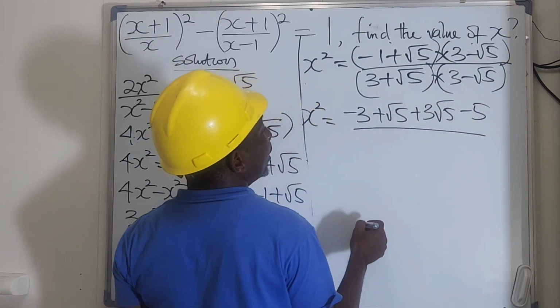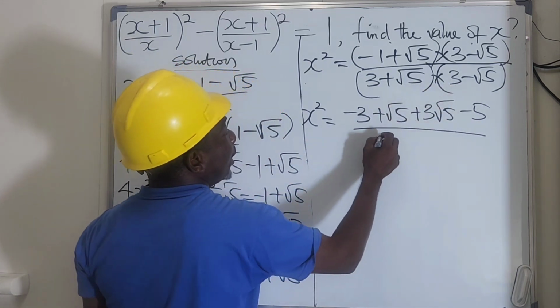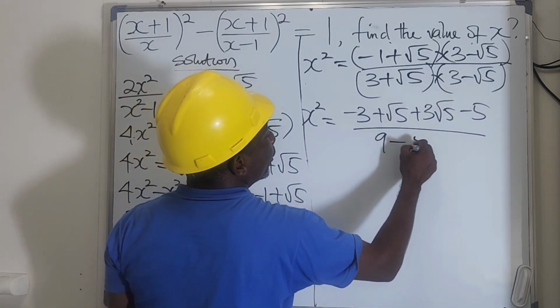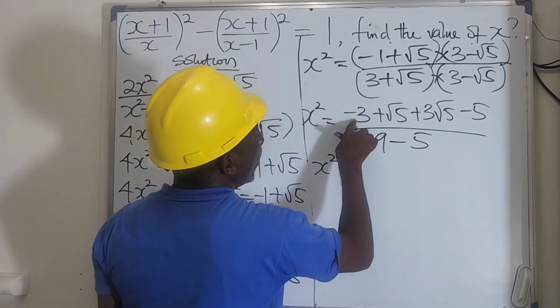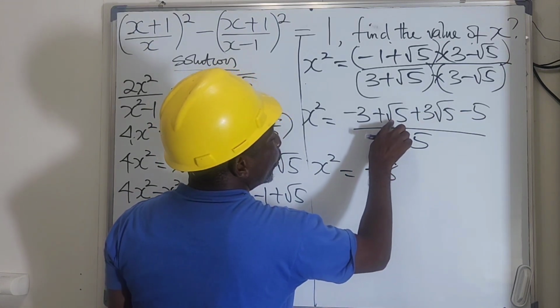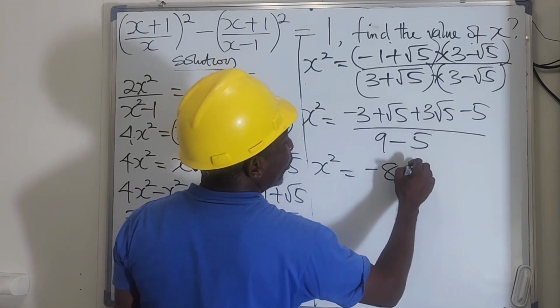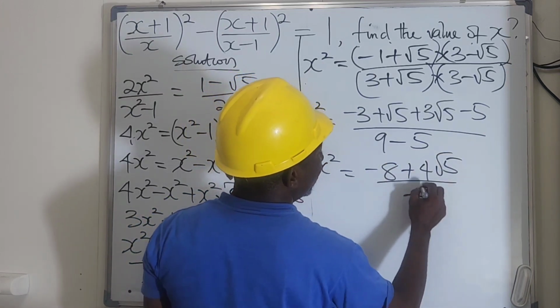This is all over the difference of two squares, and we have it as 9 minus 5. So here will become x squared equals minus 3 minus 5 will give us minus 8. Then root 5 plus 3 root 5 will give us plus 4 root 5 all over 4.